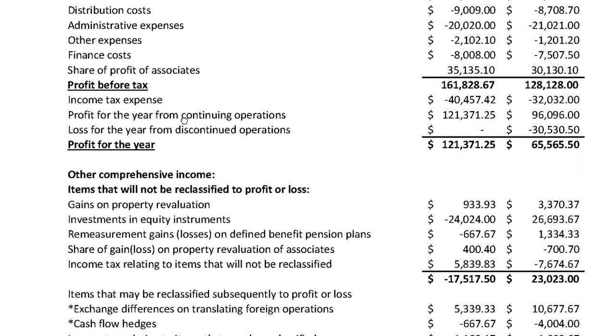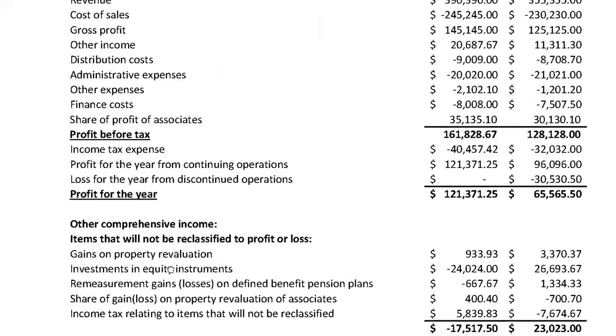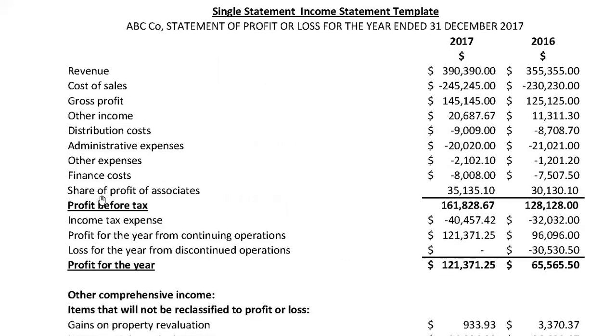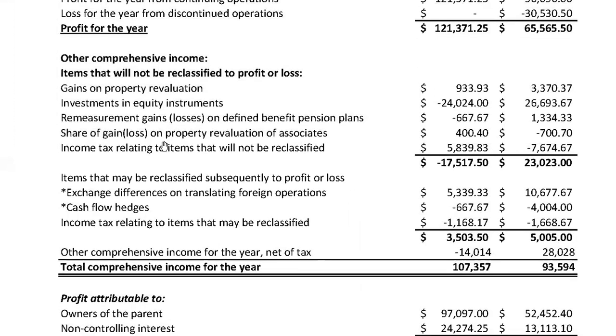In addition to that, you can find a title, other comprehensive income. From revenue to profit before tax, these arise from the normal course of business. But other comprehensive income contains items that will not be reclassified to the profit or loss account.